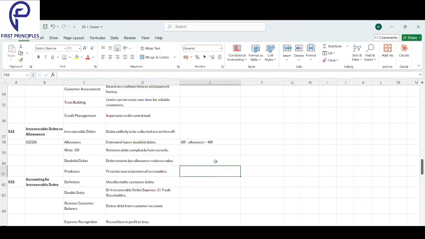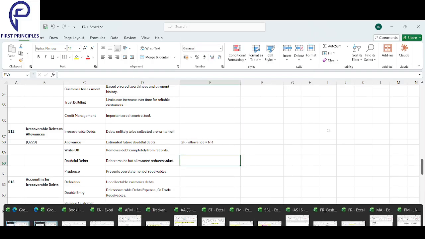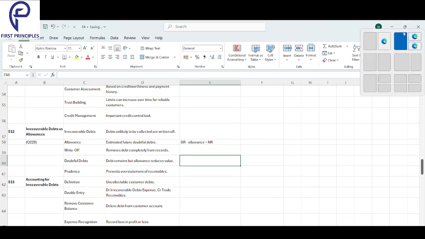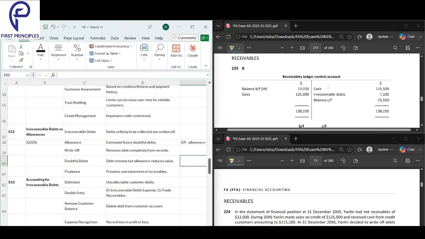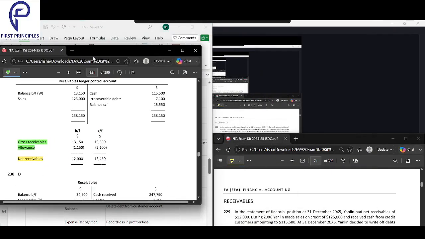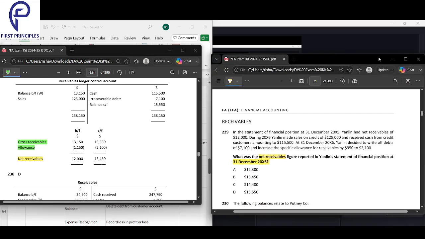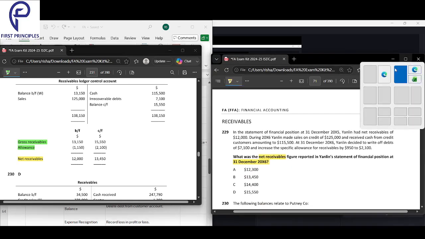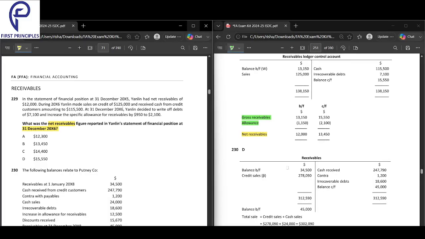Gross receivables minus allowance gives you your net receivables. So we have updated the formula: gross receivables minus allowance is net receivables. Now let's try to solve it.